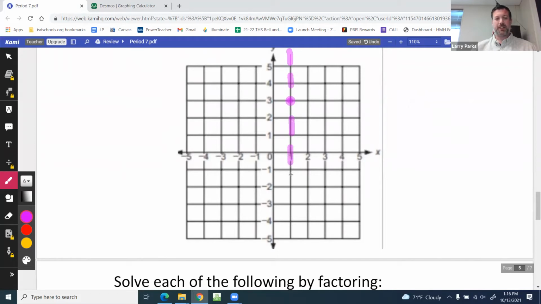So I plotted the vertex. I have the axis of symmetry. It's at x equals 1. And I may want to tell the person I understand the vertex is 1, 3. So if you have Desmos, that's a very easy question.